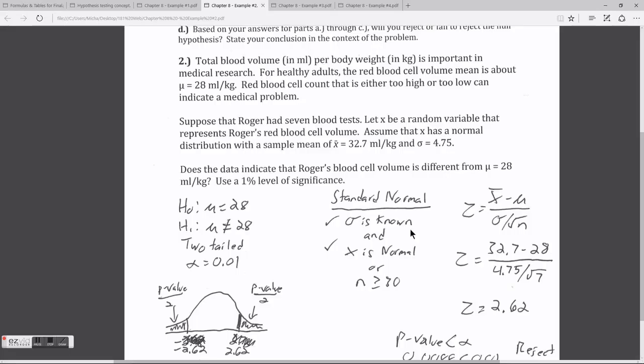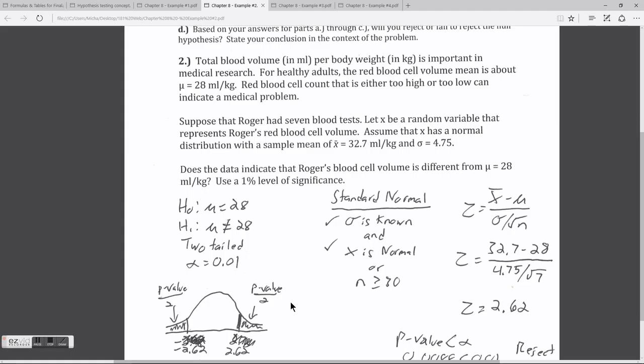So I take Roger's sample mean of 32.7, and I calculate the z-value for that in the sampling distribution, which gives me a value of 2.62. So to have a sample mean of 32.7 is like having a value 2.62 standard deviations above the mean. Already it's seeming like that's quite high.